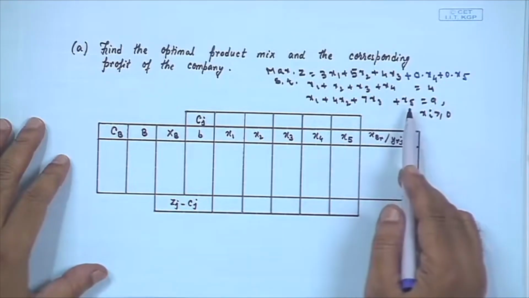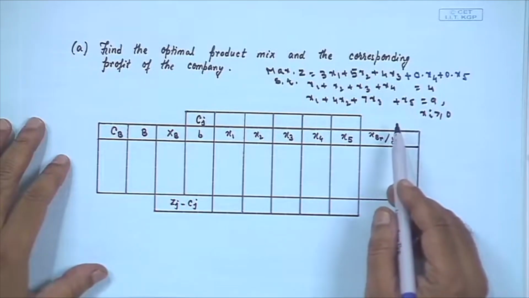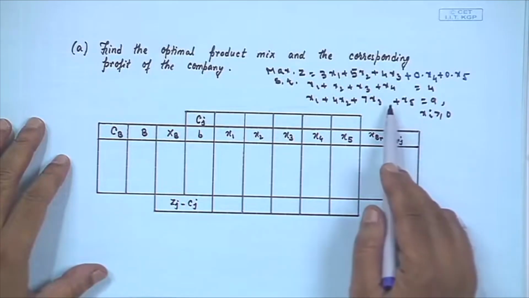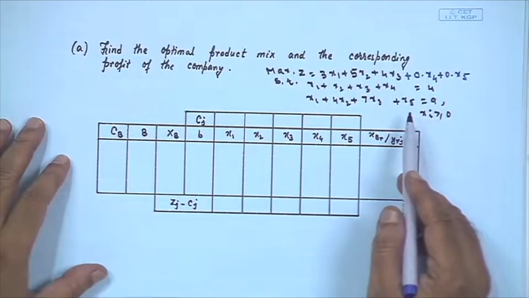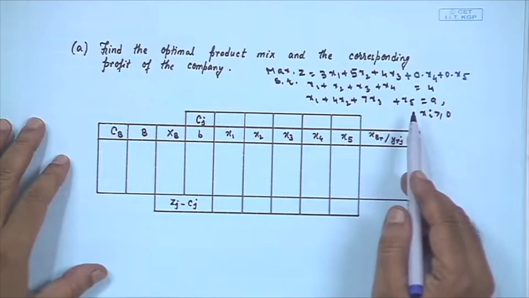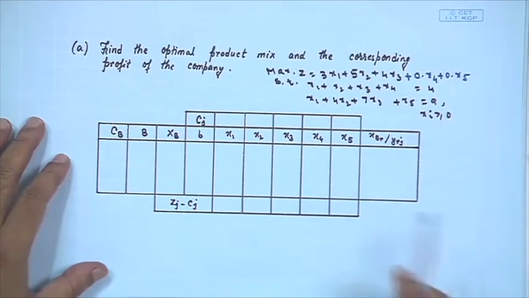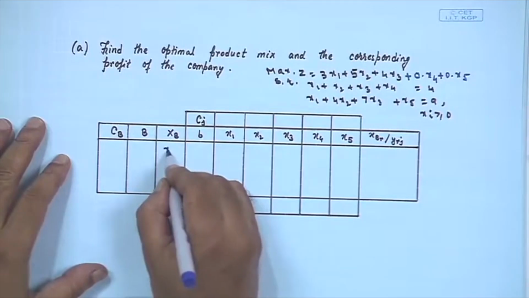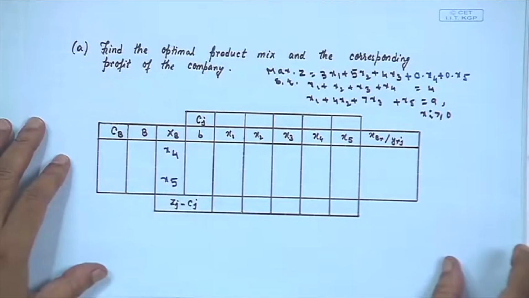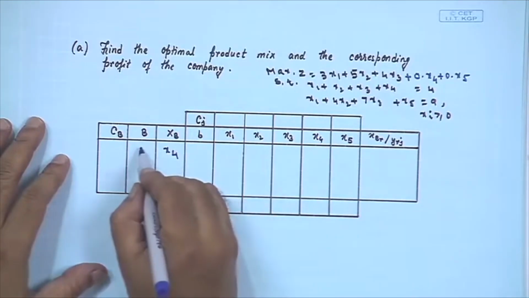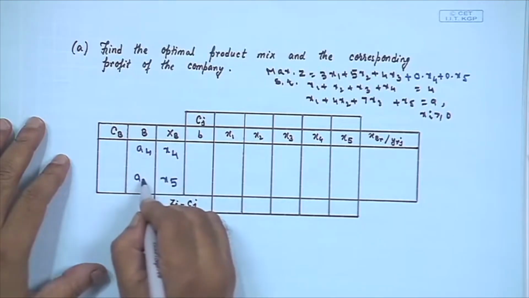So, as usual, the initial basic feasible solution will be x 4 equals 4, x 5 equals 9, so that in the basis you will have 2 variables, x 4 and x 5.